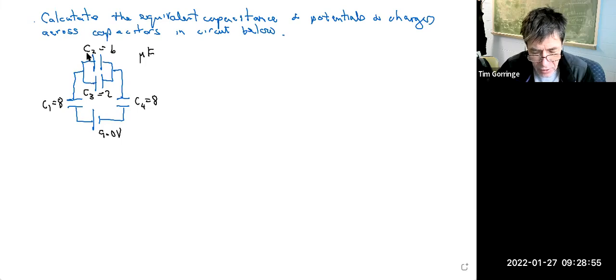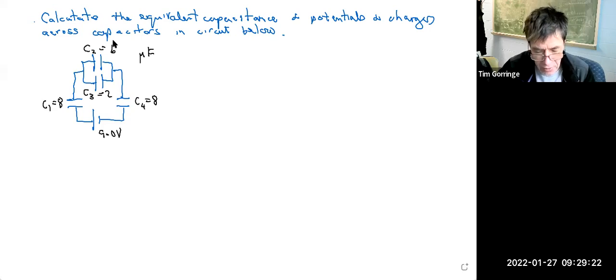These 2 capacitors in parallel, C2 and C3, can be replaced by a single capacitance, I'll call it C23, that has a capacitance that's simply the sum of the 2 individual capacitances. So C23 will have a capacitance of 2 plus 6, 8 microfarads.